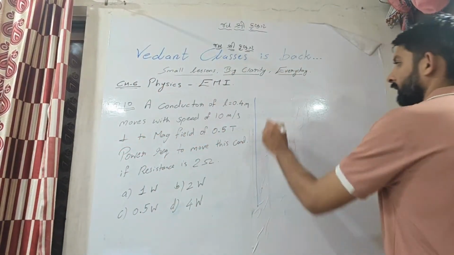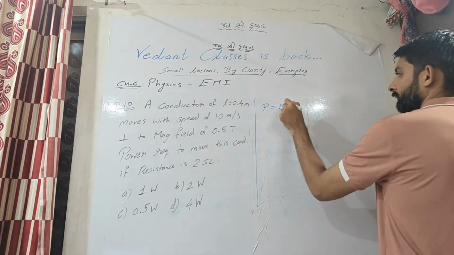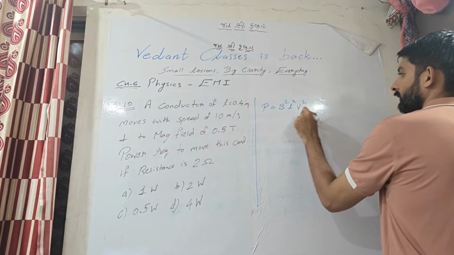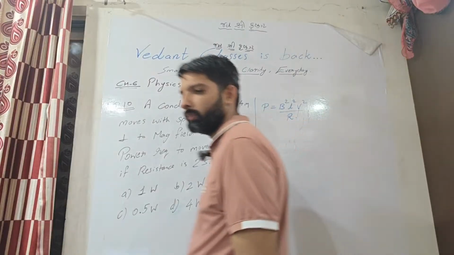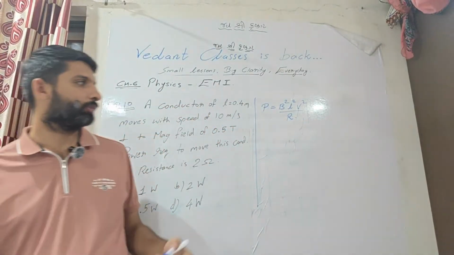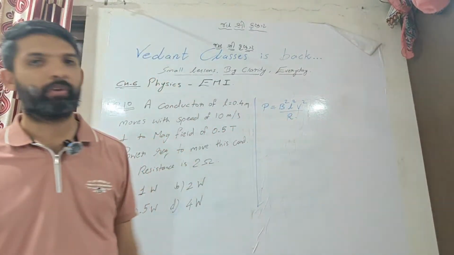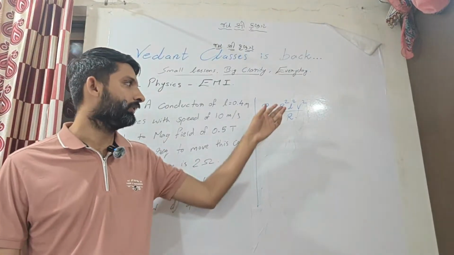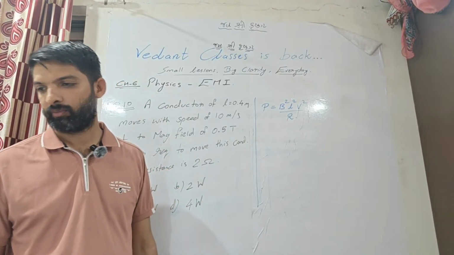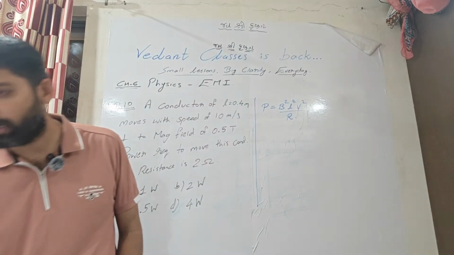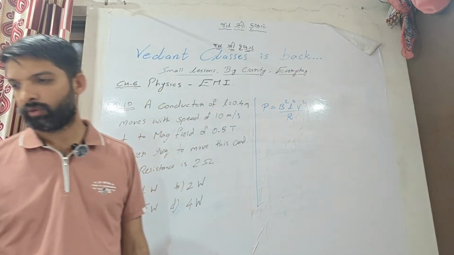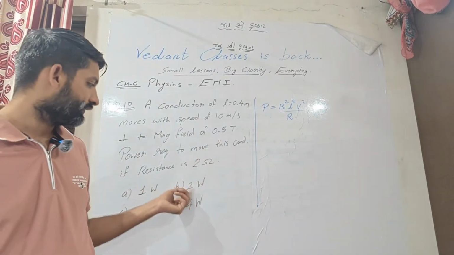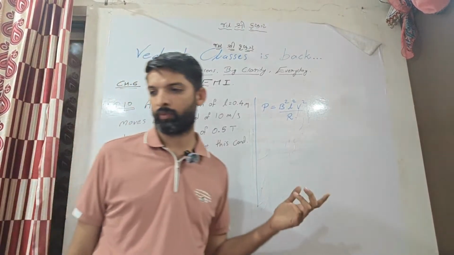Nice. Power is B square L square V square by R. It is the formula of V square by R. So V, that is voltage, instead of that we will put BLV, that is motional EMF. You will get this equation, B square L square V square by R. Very good, perfect, Rudra. Very nice. So option B will be the correct answer. That is 2 watt.